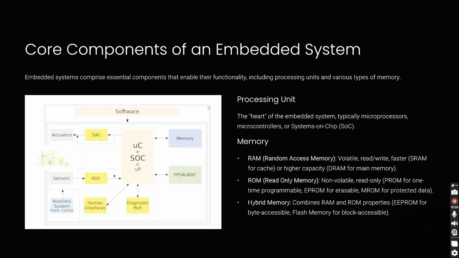Key components include the processing unit, microcontrollers like PIC16F877A, memory, RAM which is volatile, ROM which is non-volatile, and EEPROM and flash. Input-output ports allow communication with external peripherals like switches, LEDs, and displays. Understanding each component's role helped us design our system logically and efficiently.